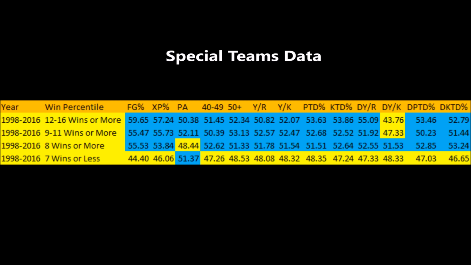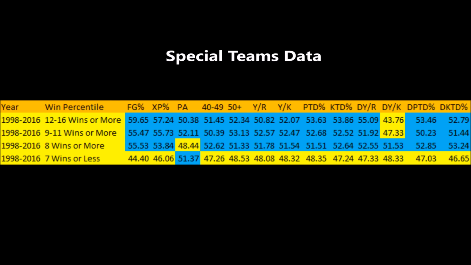So for the most part, when it comes to special teams data, the big things that I'm going to be paying attention to and emphasizing to you guys are field goal percentage, extra point percentage, and maybe sometimes I might talk about if a team is really doing well in terms of preventing punt returns on defense and preventing TDs on special teams, then I'll pay a little bit more attention.